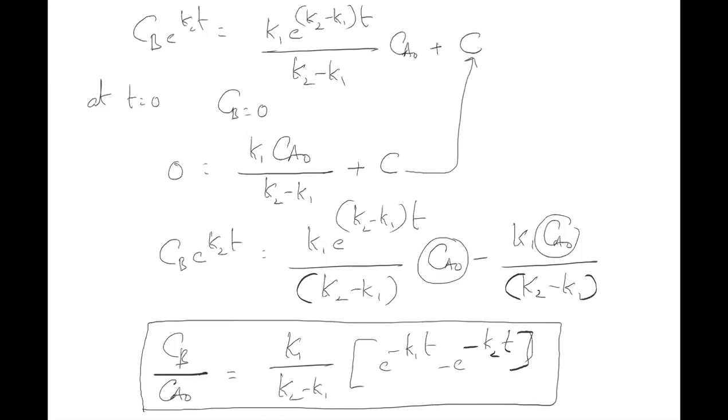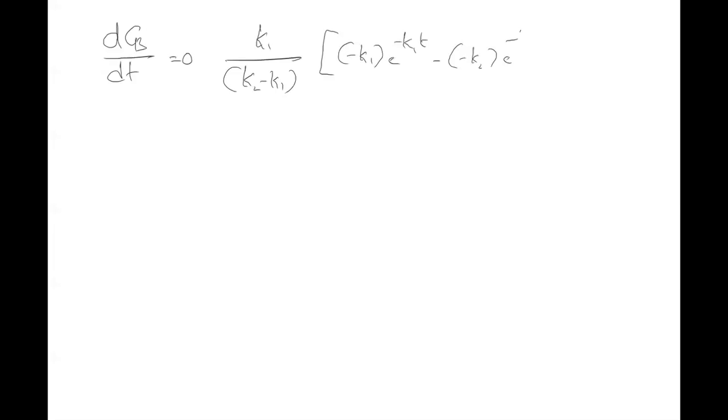So what is the next step? Once you get CB by CA naught, find T max. At T max, dCB by dt is equal to 0.